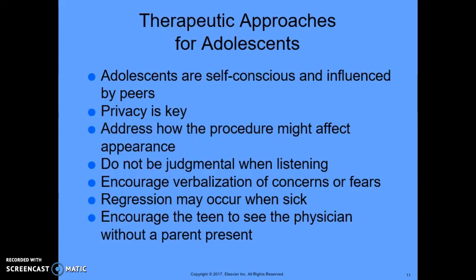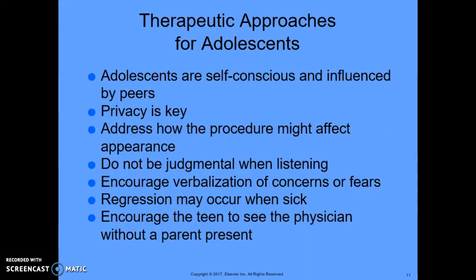Teenagers want to be treated as adults, and they really want to know what is being done and why, just like we do as an adult. So it's important that we cover that with them. And in an attempt to establish an adult identity, the teenager proceeds by trial and error. They don't really know what that looks like yet, and they are trying things out.